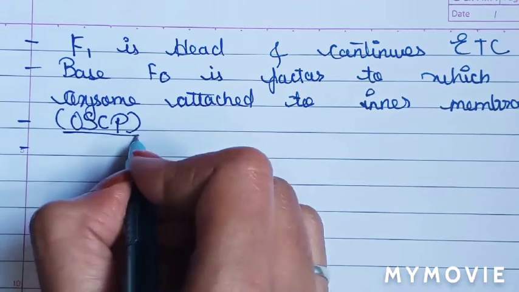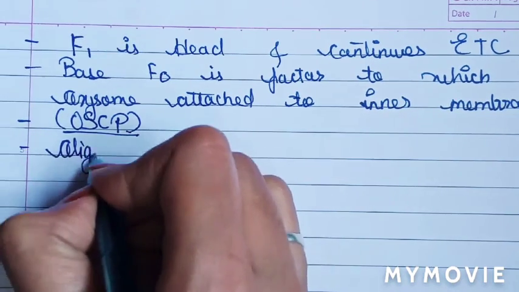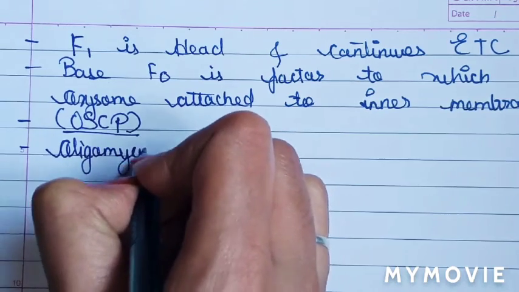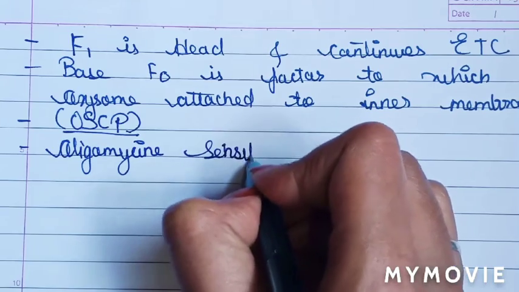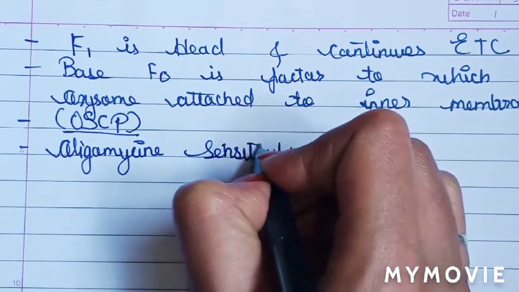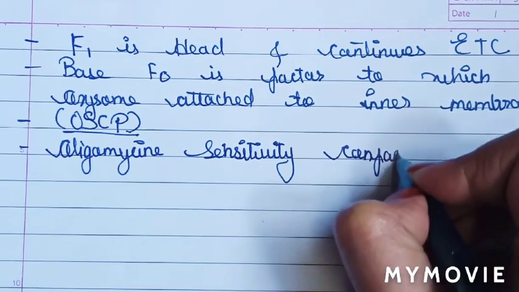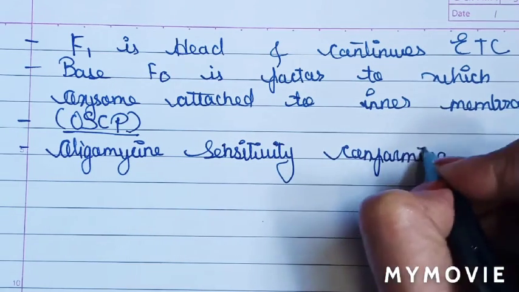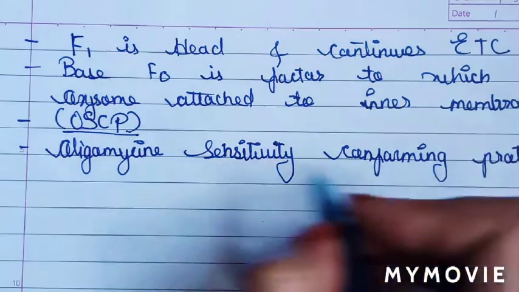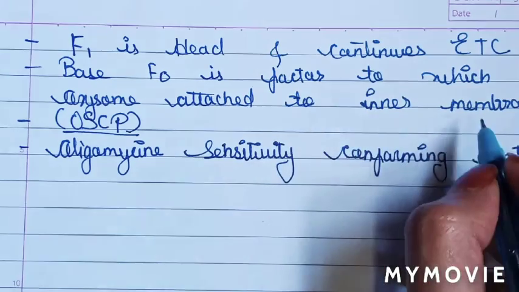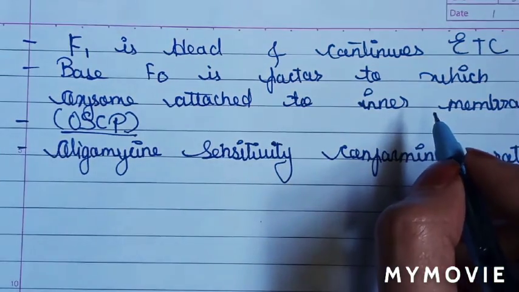The full form of OSCP is oligomycin sensitivity conferring protein. These proteins are helpful to attach the oxysome on the inner membrane of the mitochondria. Okay.